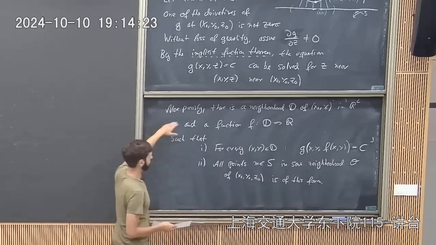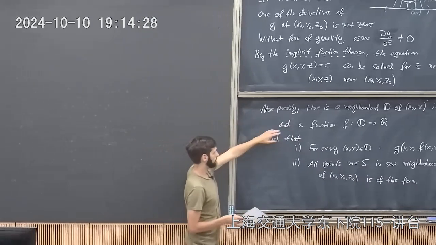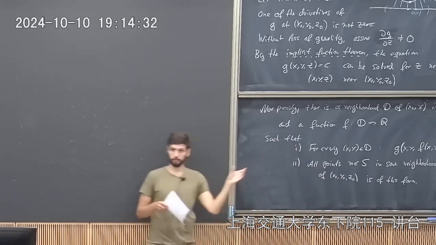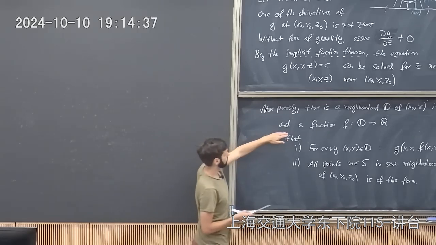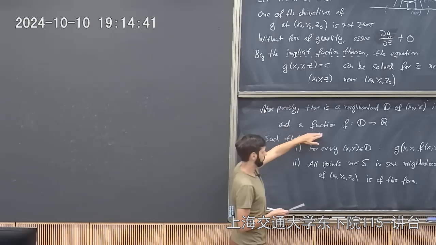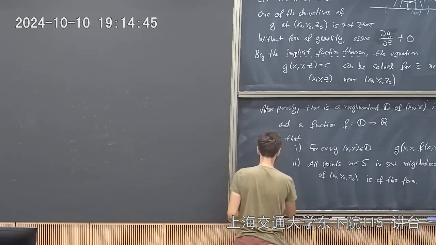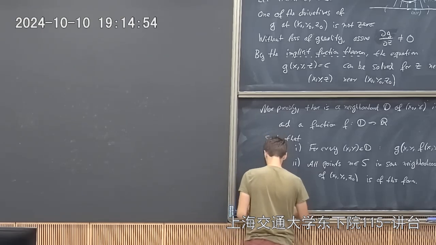But of course, once we have that our surface is locally described in this way, we see that it's nothing else than what we described earlier as the graph of a function, right? The surface is locally the same thing as the graph of the function. So we can use the same trick as before.